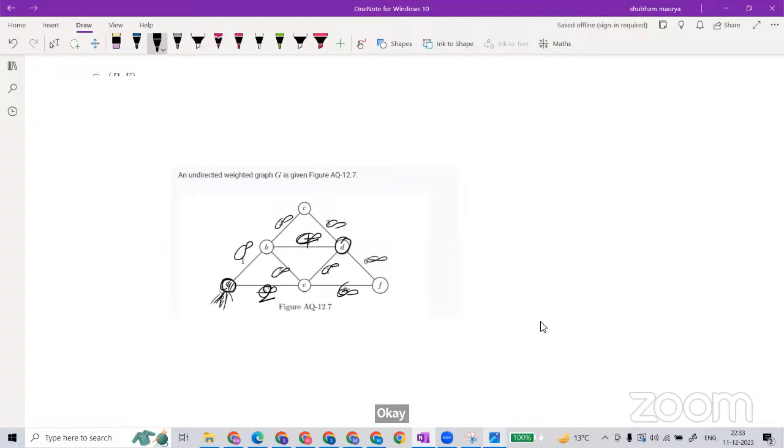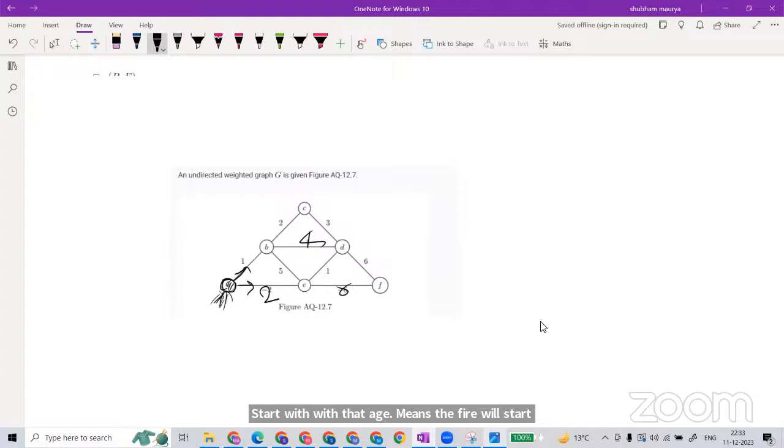But we know that the fire will start moving with the minimum edge, meaning the fire will start moving in this direction and in this direction both. Within 1 minute, after 1 minute, this station will be fired.